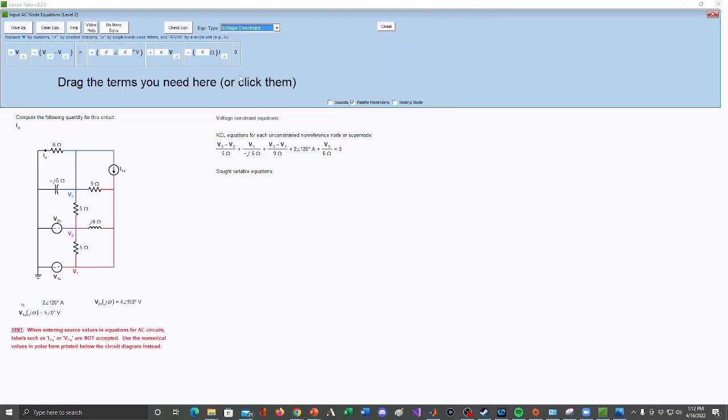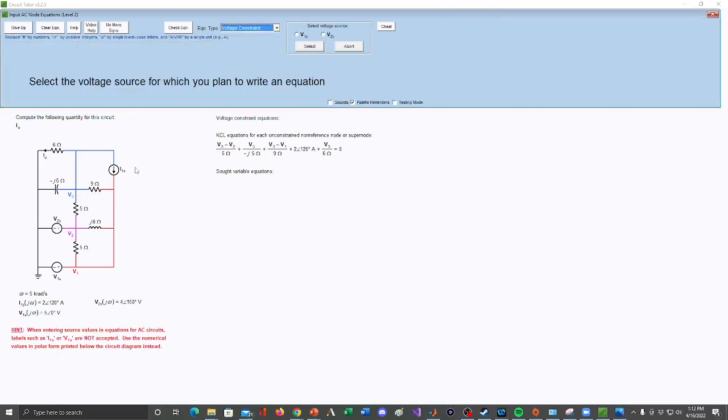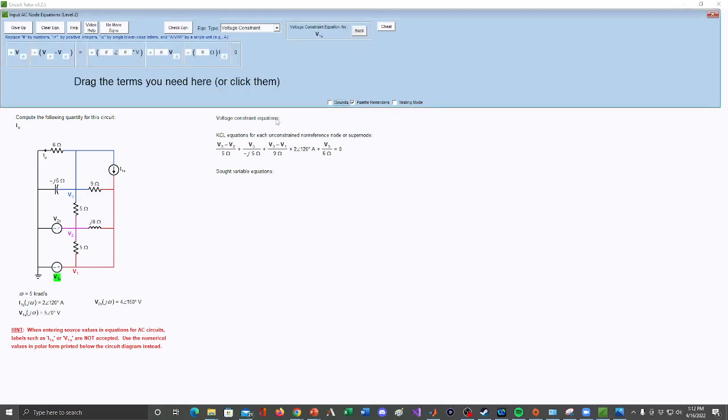All right, so we need a couple voltage constraints. So select the voltage source to write the equation. Okay, V1S.